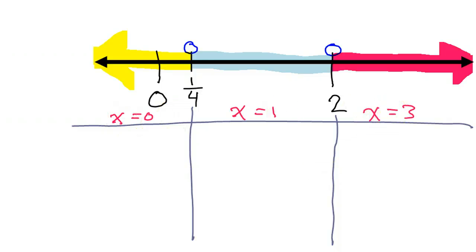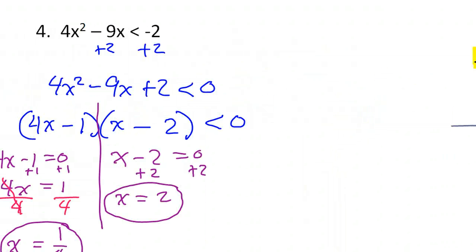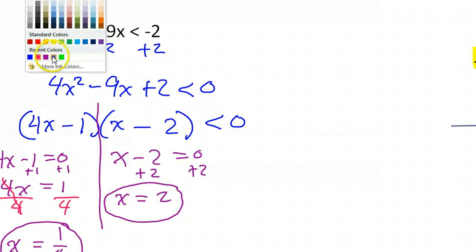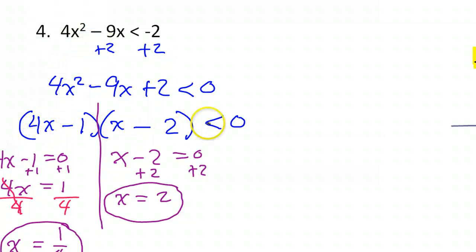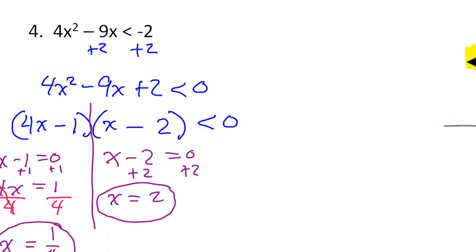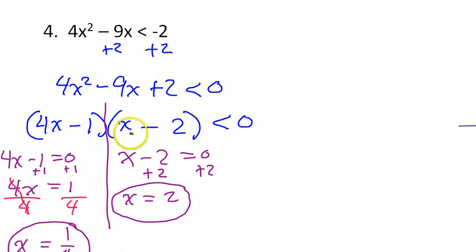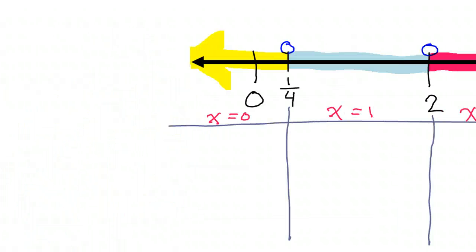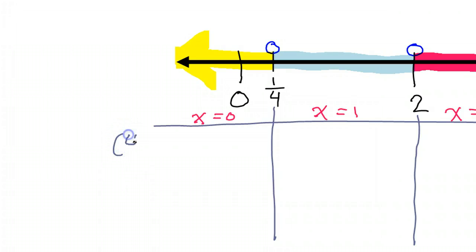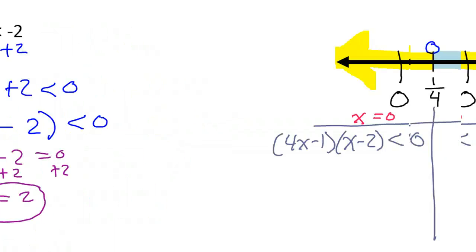Now I need to substitute these values back into the original inequality. However, I like to use the factored form of the inequality. So let's see, 4x minus 1 times x minus 2 is less than 0. That's what it was, right?